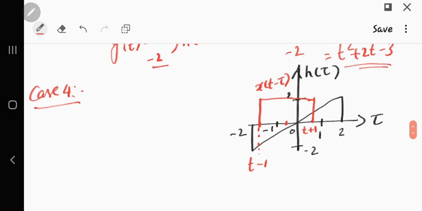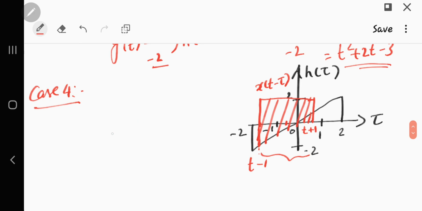Now if you take from where to where it is overlapping, this is the region it is overlapping in this case. Now if you observe, it is overlapping between t minus 1 to t plus 1. So this is the overlapping region in this case.